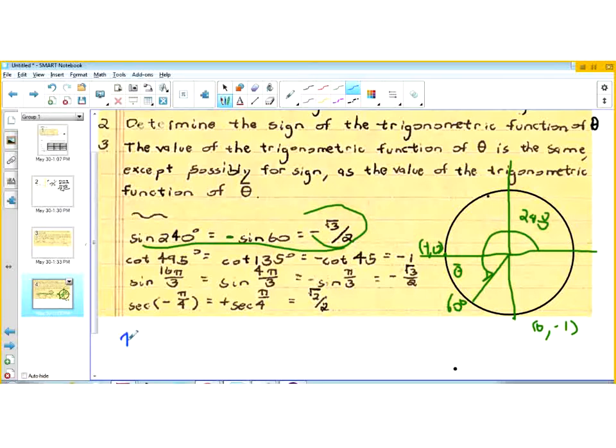So 495, what is the reference angle for 495 degrees? 495 is equal to 360 plus 135 degrees.